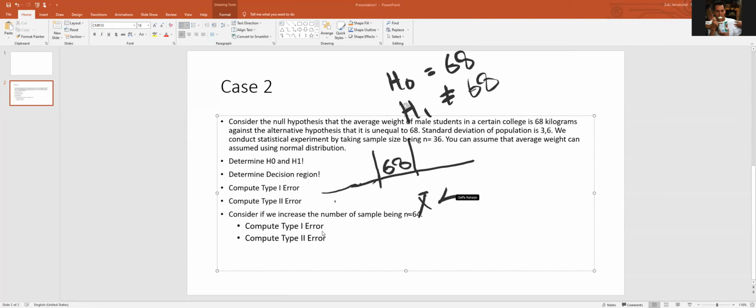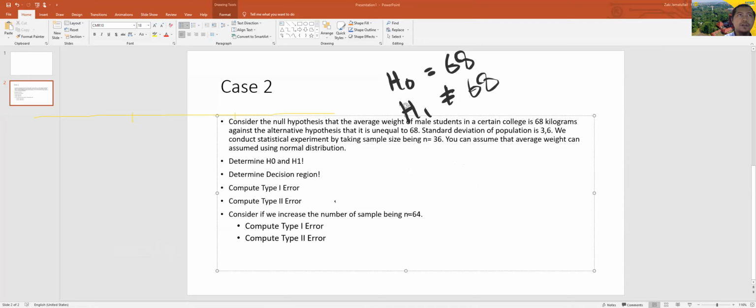The decision region is where you create the area, something like this: the area that follows the region for the null hypothesis, and which one is the region for the alternate hypothesis.